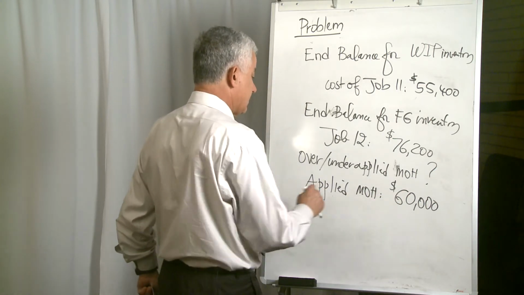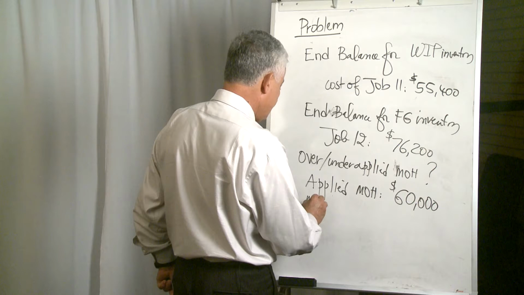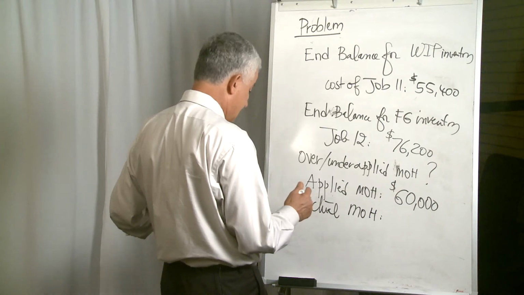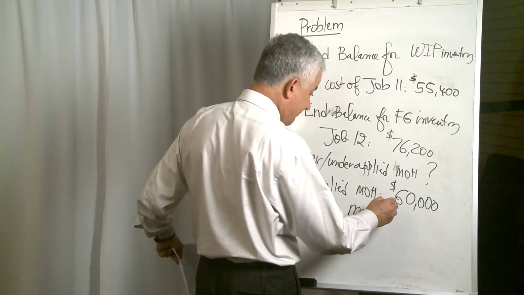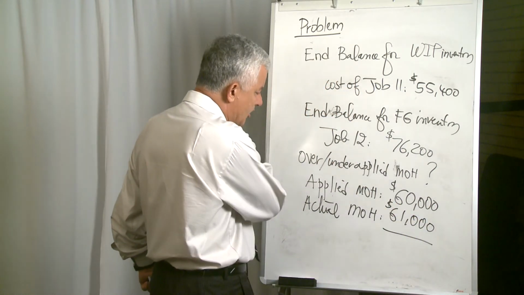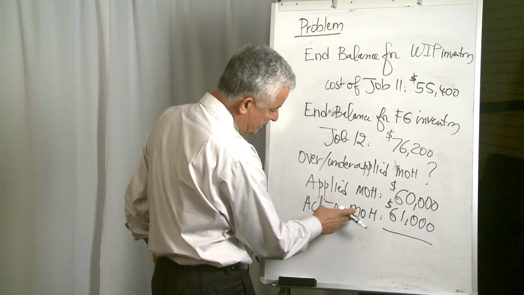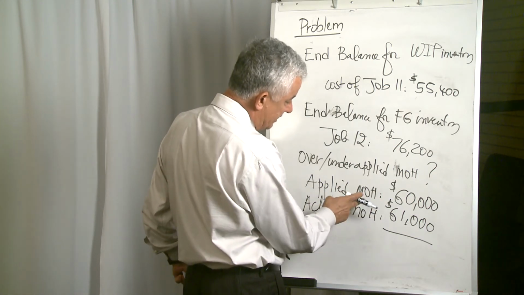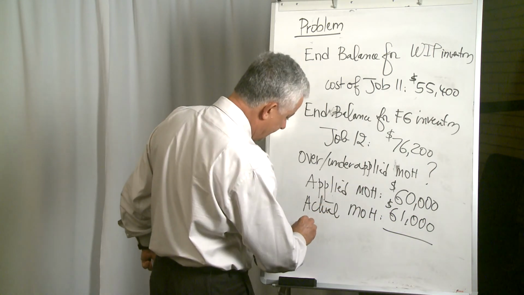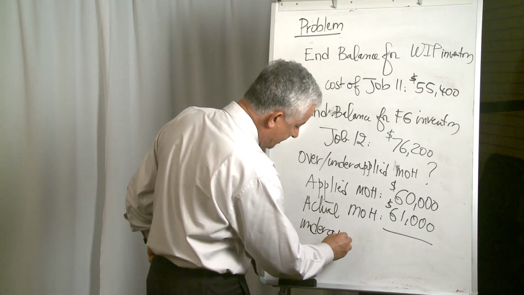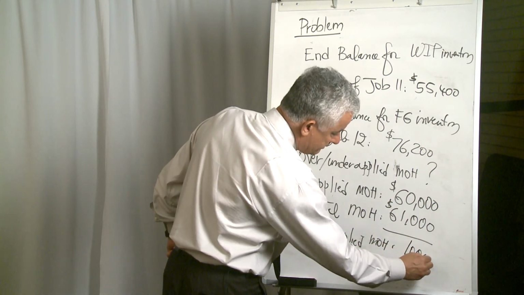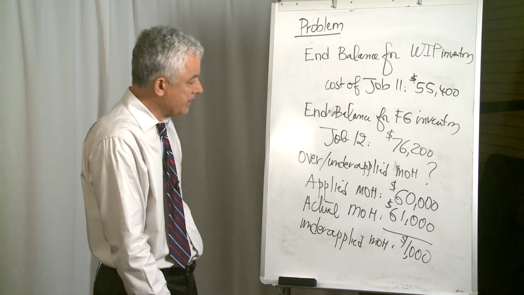So that's 60,000. And then the actual manufacturing overhead incurred throughout the period is given, which is 61,000. Then it follows that we applied less than what we should. The actual was 61,000, yet we only applied 60,000, short of 1,000. So it's underapplied overhead of $1,000. That will take care of the last questions.